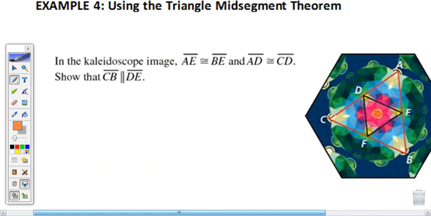Right here, kids, in the diagram, AE is equal to what, kids? Midpoint, right? AD is equal to what? AD is equal to CD. It says show that CB is what?